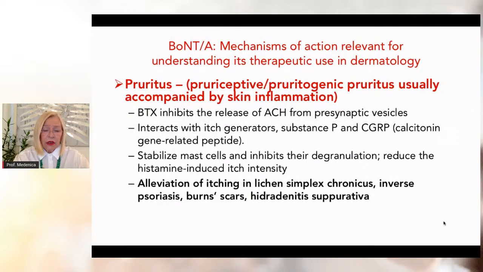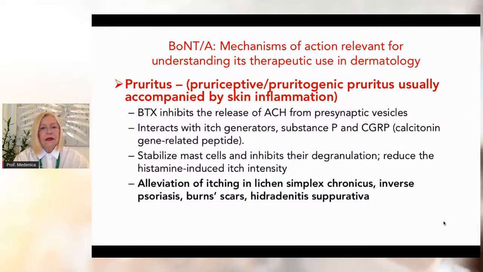Also, we can use botulinum toxin intradermally to suppress pruritus. Actually, botulinum toxin inhibits the release of acetylcholine from presynaptic vesicles, interacts with itch generators such as substance P and calcitonin gene-related peptide, and stabilizes mast cells and inhibits their degranulation, so it reduces the histamine-induced itch intensity.